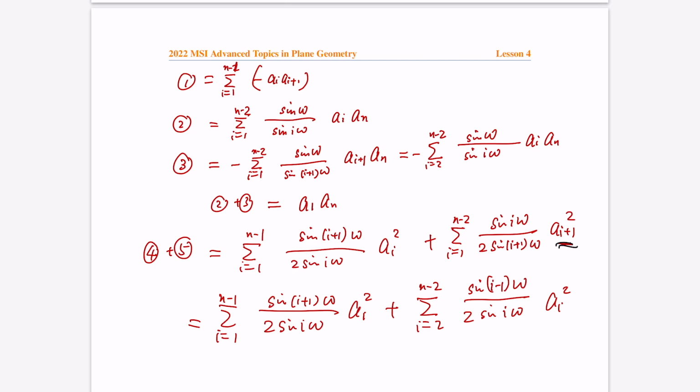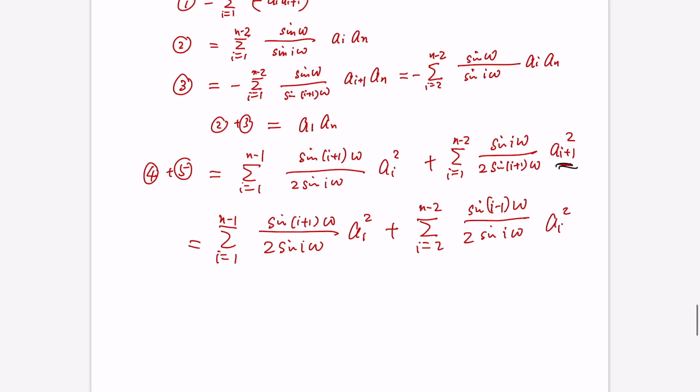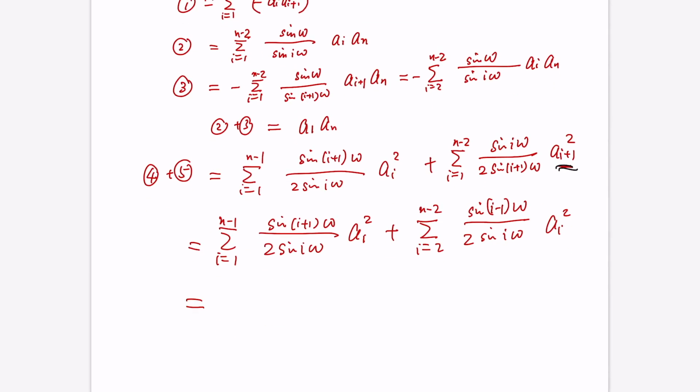Okay, so very good. So you compare these two, you will see that there's one extra term here. This is n minus 1. So I from 1 should be separately considered.